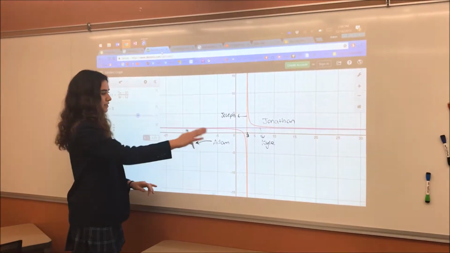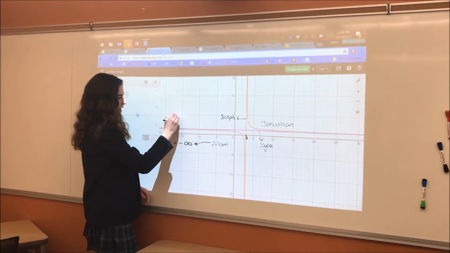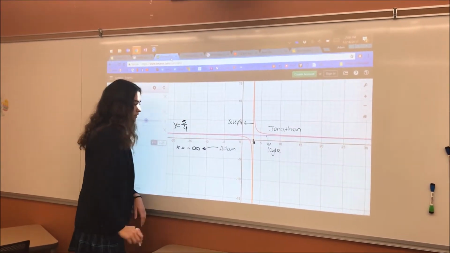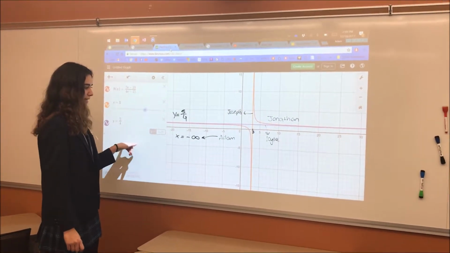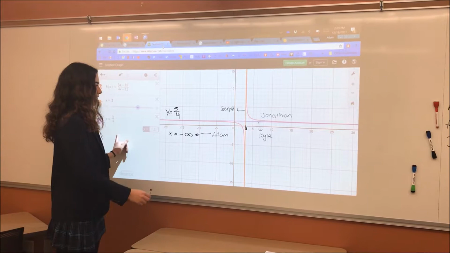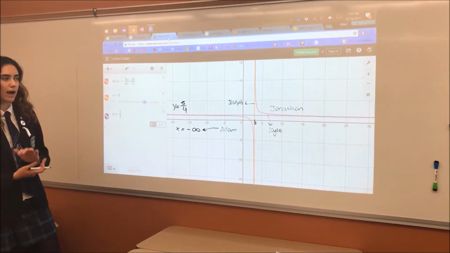So Kyle is going straight in a horizontal line, which is y equals 5/4. So as Adam reaches negative infinity on the x-axis, he should never reach y equals 5/4 if he doesn't want to crash with Kyle.